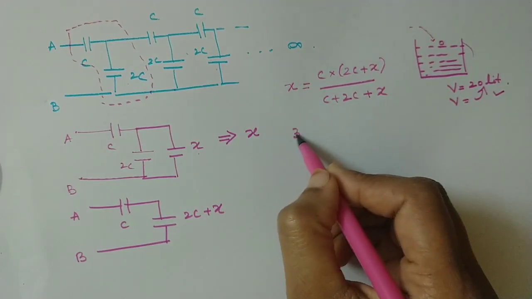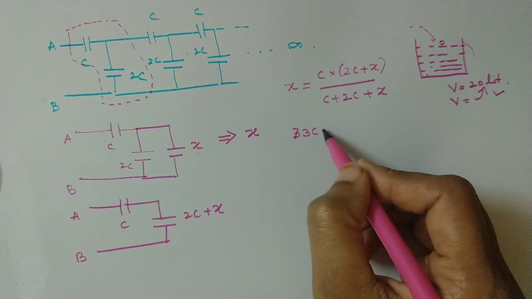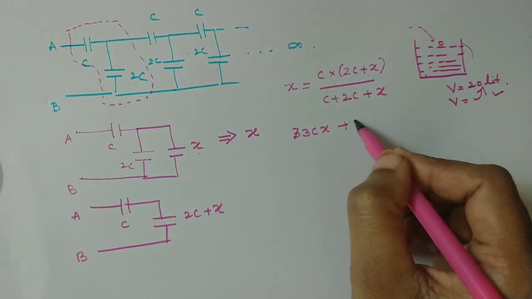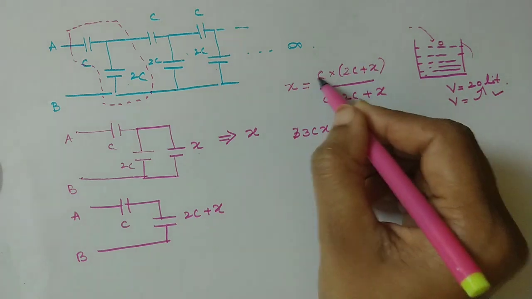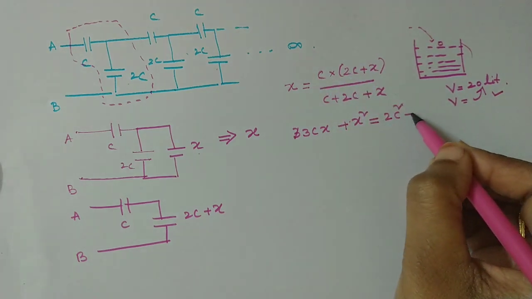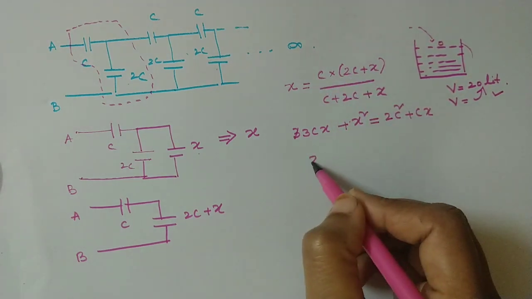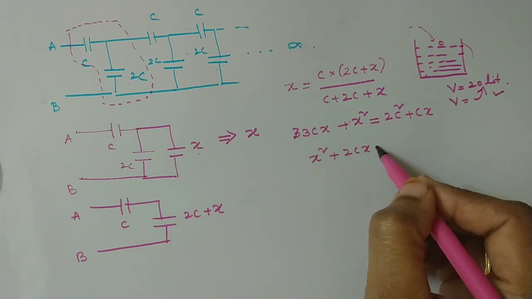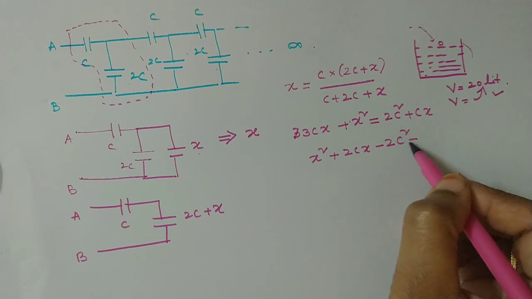Cross multiply: C plus 2C is 3C, into X, plus X square, should be, open this bracket, 2C square plus CX. Or X square plus 2CX minus 2C square is equal to 0.